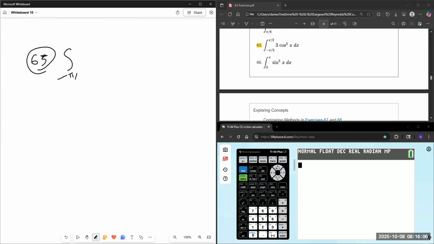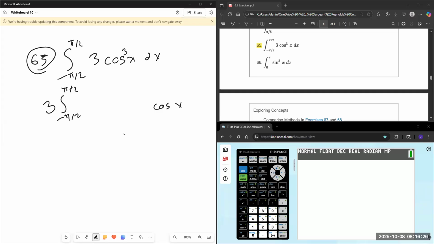Integral from negative pi over 2 to pi over 2 of 3 cosine cubed x dx. So save a cosine, change the cosine squared, pull the 3 out. Save the cosine x, change the cosine squared to 1 minus sine squared x.